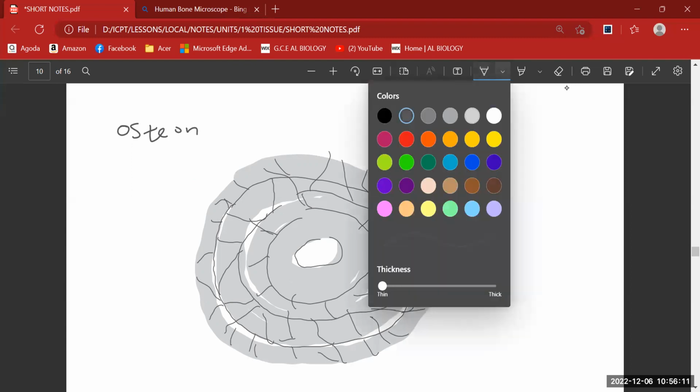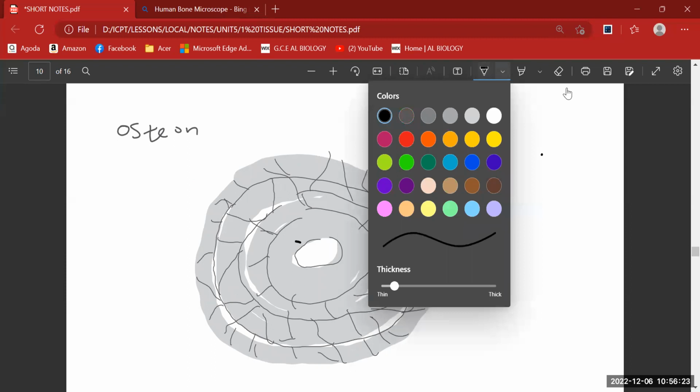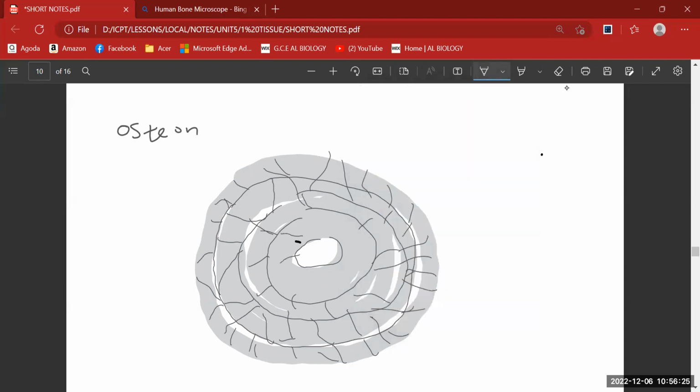So we can learn this whole part is the matrix.